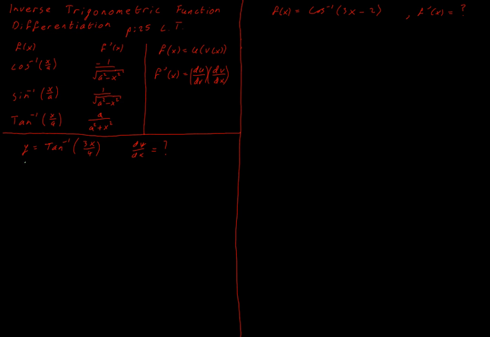So I'm going to change my y. I need to define a v that is the inner function. So my v, using the chain rule, is going to be 3x all over 4.